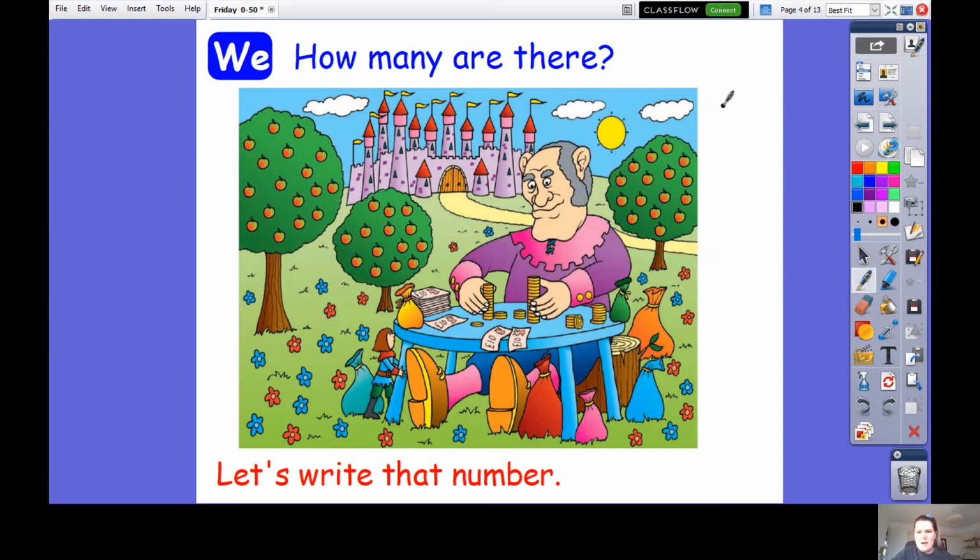You're absolutely right. I would need to write the number 7 because there are 7 bags of money. Fantastic. How many tops of the tower are there? How many tower tops are there? Put me on pause and have a count.